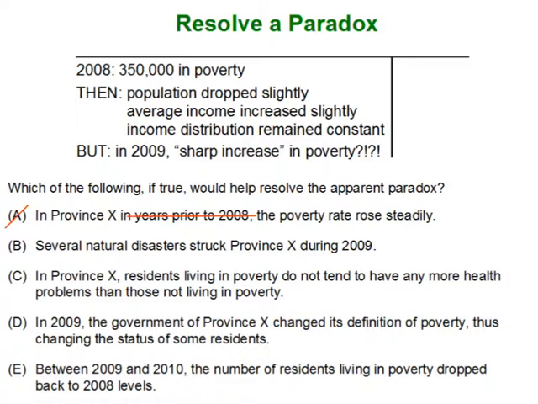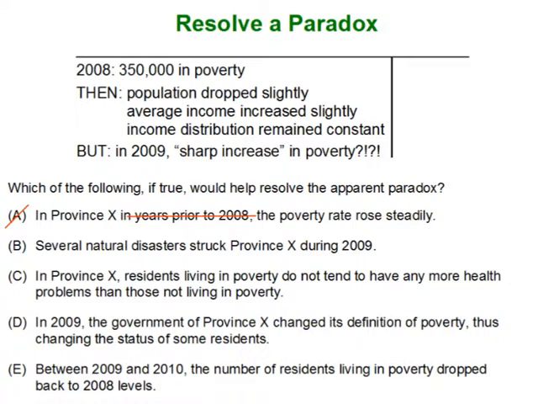And so in this line of thinking, you think, oh, okay, natural disaster. That sort of explains why there would be an increase in poverty. But this would be too imaginative for this particular exercise. We'd have to make all sorts of assumptions about what the natural disasters would do and what they would cause. And furthermore, this doesn't explain why average income went up.